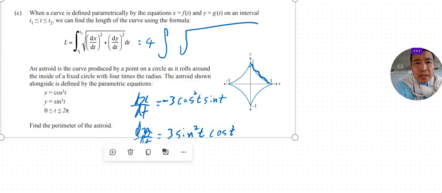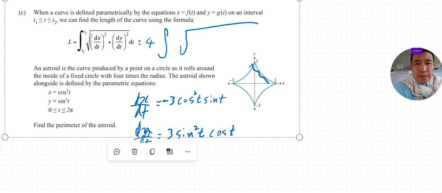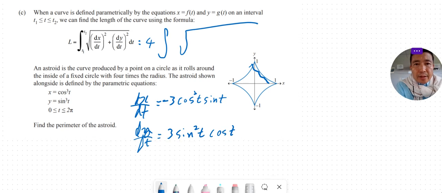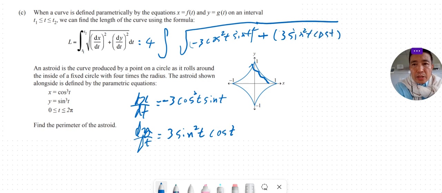So the square root of dx/dt, which is minus 3 cosine squared t sine t, squared, plus dy/dt, which is 3 sine squared t cosine t, squared, and then dt.